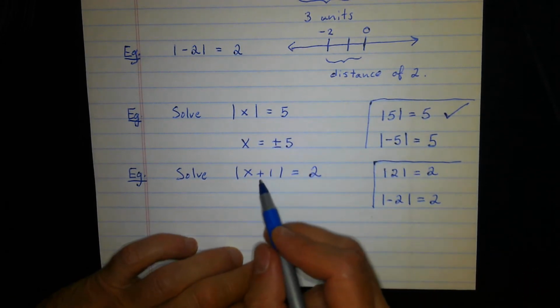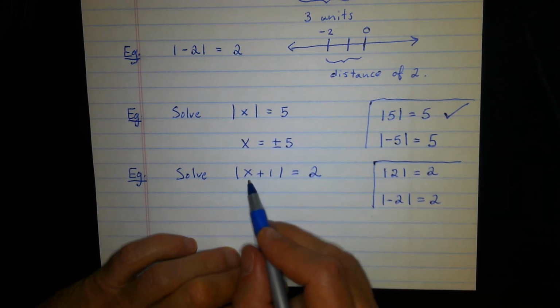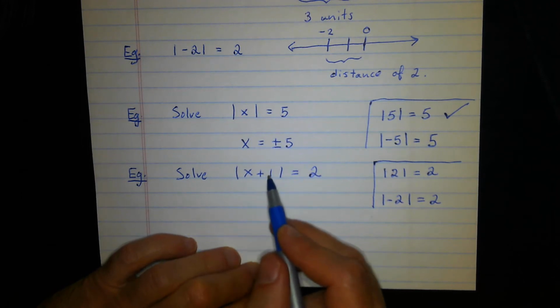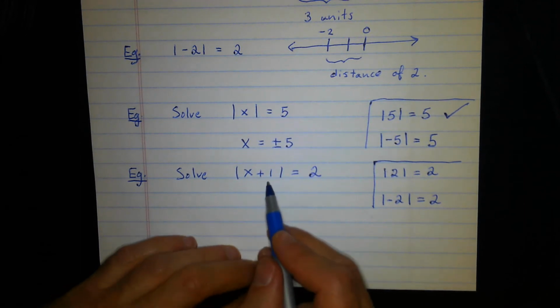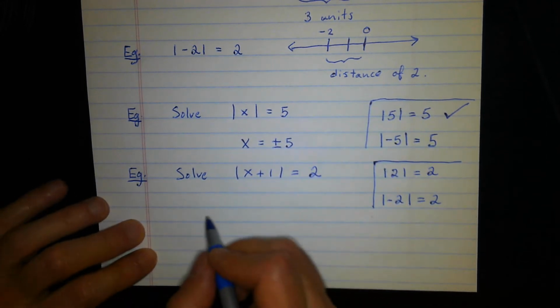So what am I going to do here? Well, just by inspection, I can see that if x equals 1, I'll have a solution. And if x equals minus 3, I'll get minus 3 plus 1 is minus 2. And then that will be a solution to the equation as well, I should say.